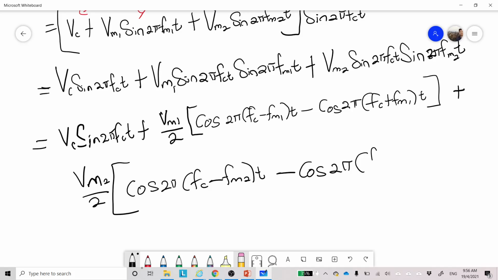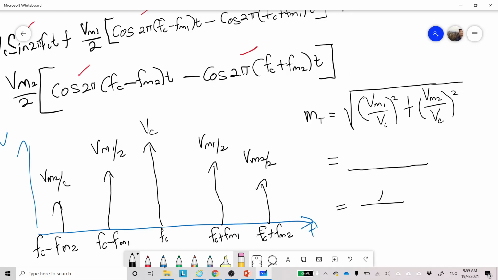Okay, so you will get the answer. Or if you want, you can multiply it with 100%, so you get the answer in terms of percent. Either you write it without percentage, or in terms of percentage. Okay, so this is the total modulation index, because we have two input messages and one carrier. Okay, and then what about the total power?